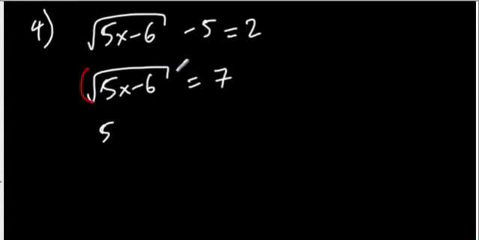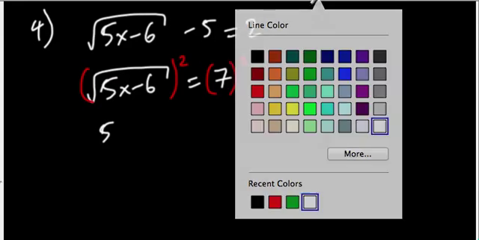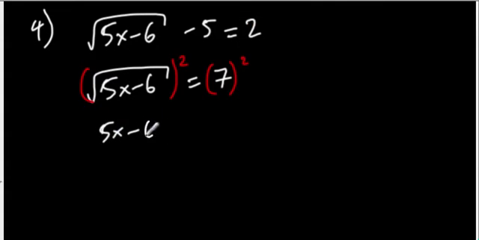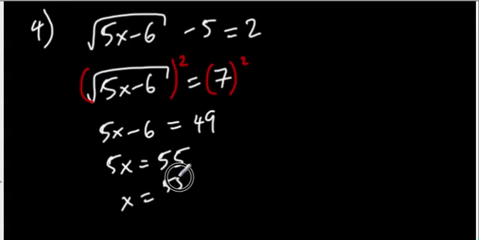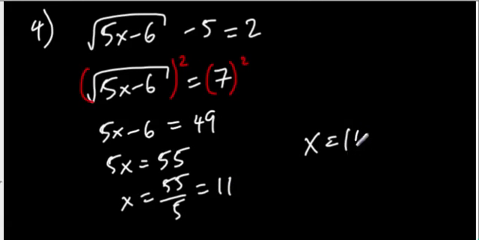So we get 5x minus 6 is equal to 49. 5x is equal to 49 plus 6, which is 55. So x is equal to 55 divided by 5, which is 11. So x equals 11.